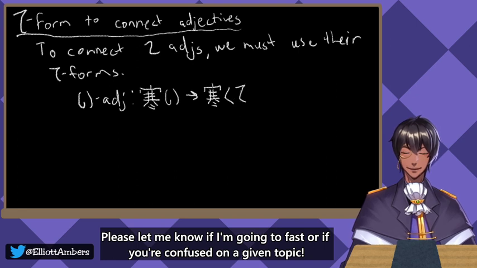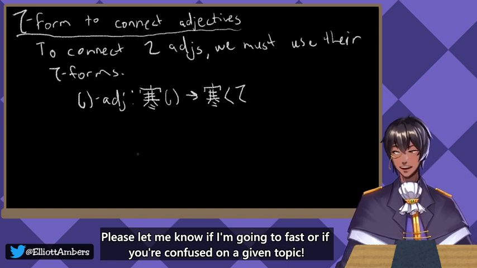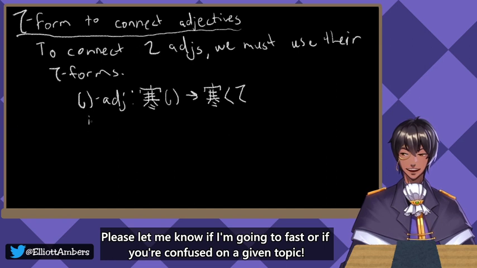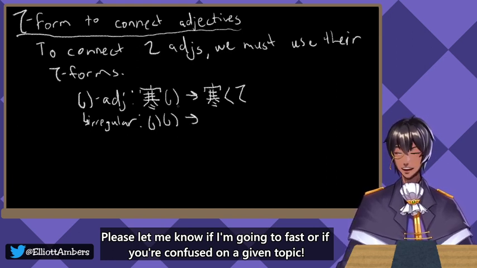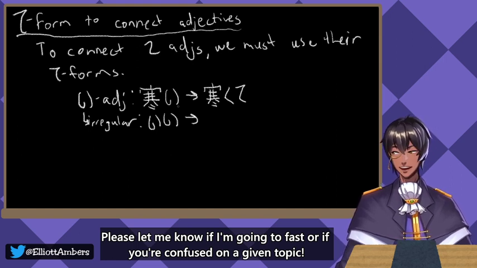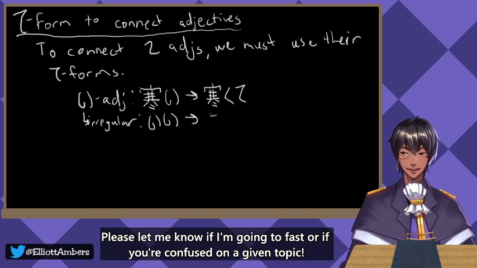Samukute. Very simple. The i turns into kute. And just like with the adjectives before, the irregular version of i adjectives, just like how ii turned into yokatta in the past, ii turns into yokute.